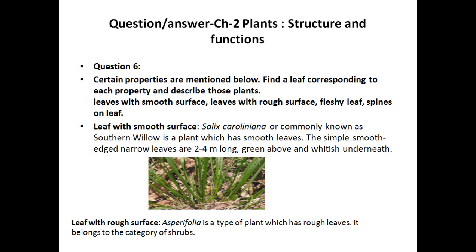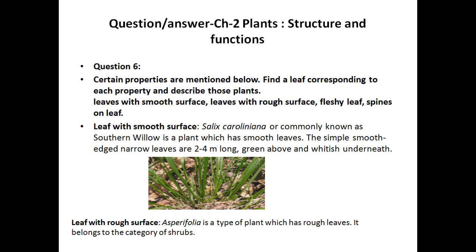Node and internode are not taught to you, so just write one line about the root and one line about the stem, that it is the green part of the plant. Just add about the root, that is, what is the work of the root. So in question number 5, you are going to add the root, stem, and then you can describe the flower part. Now, leaf with the smooth surface.